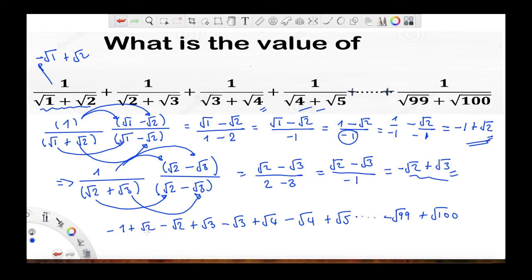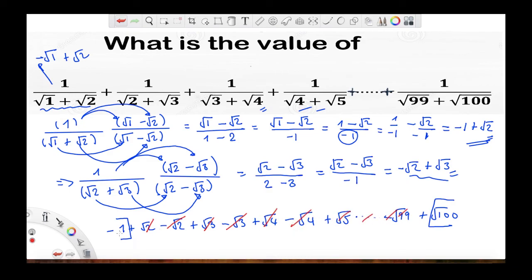So if we look at the end, we'll be left with just the first and the last, because if we look at this, we can see the square root of 2 minus the square root of 2 will give us 0. So root 3 minus root 3 will cancel, root 4 minus root 4 will cancel, all of them will cancel.